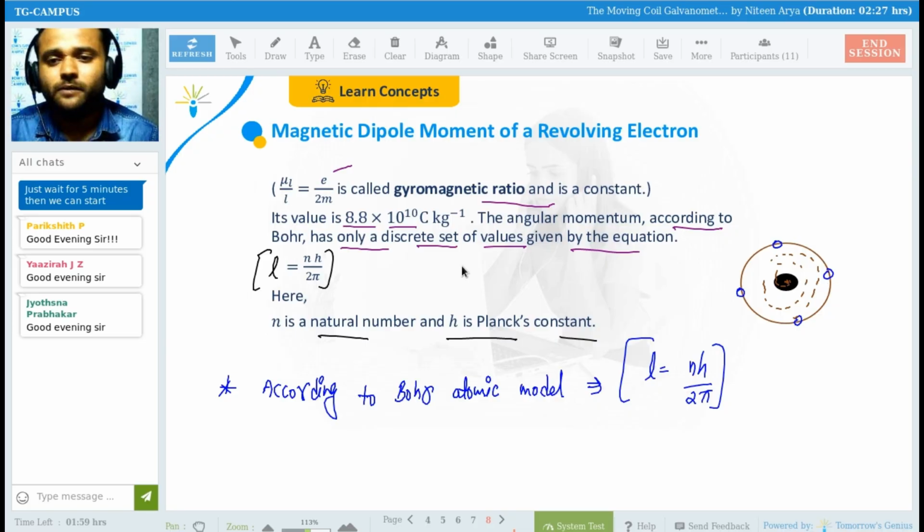But the atom does not collapse, because we have atoms that exist in nature. So this theory was improved by Bohr, in which he suggests electrons are not moving in just any orbit, but in certain orbits known as stationary orbits, in which the angular momentum is this. And from here we have the birth or origin of quantum mechanics.